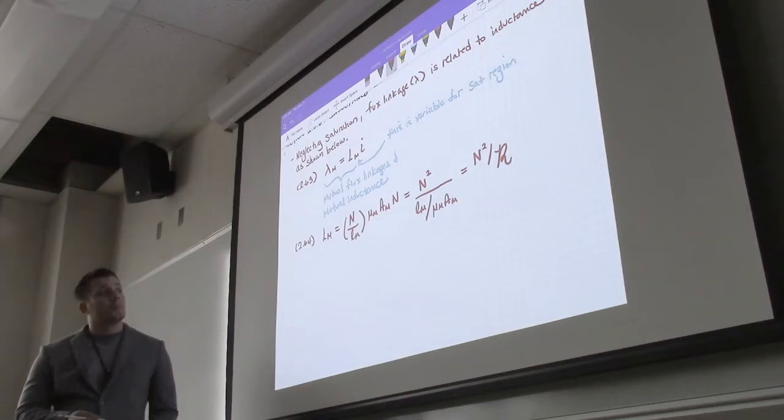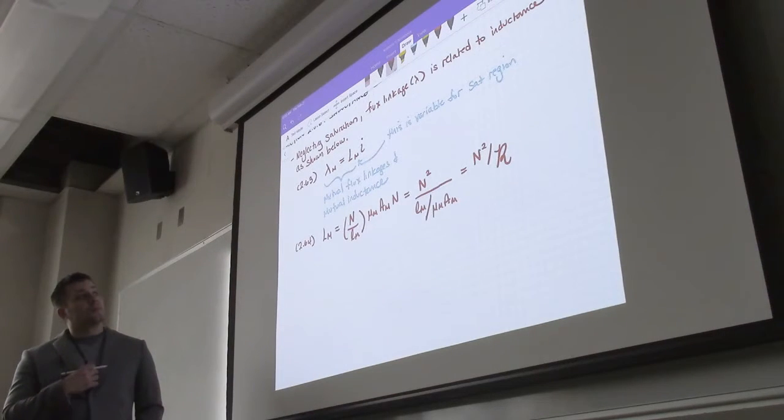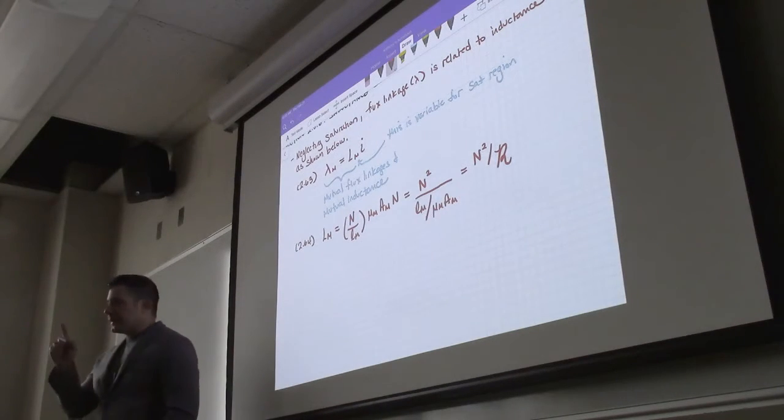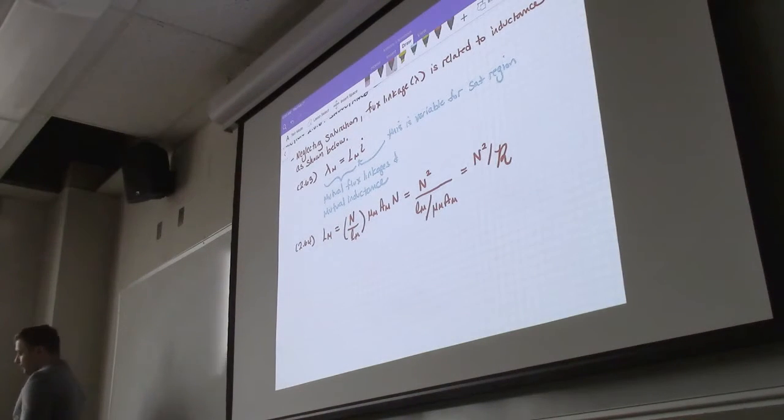Is the mutual inductance the variable in the saturation region, or is that I? I see the confusion.